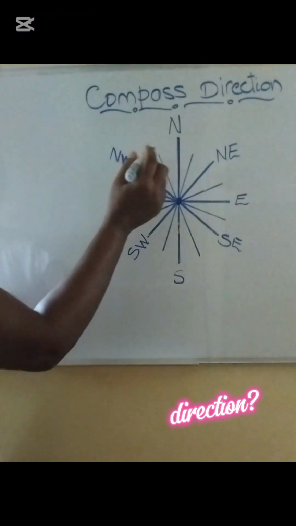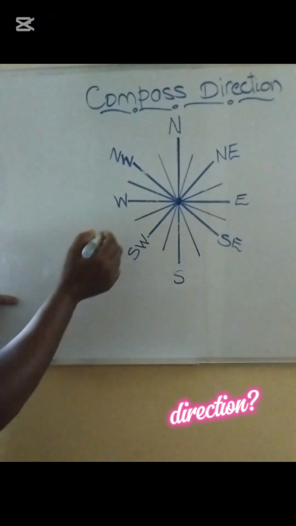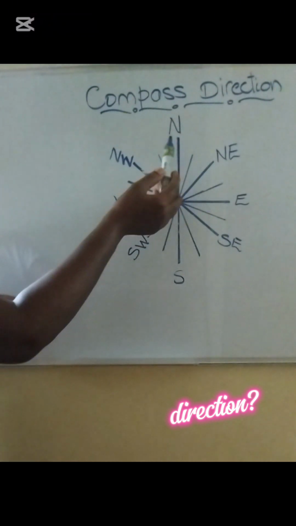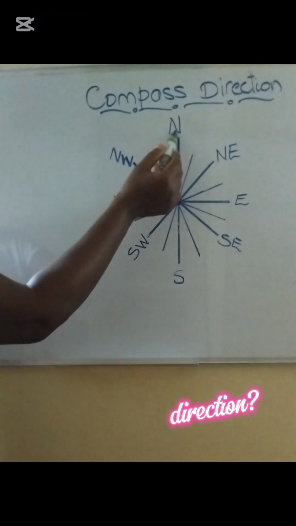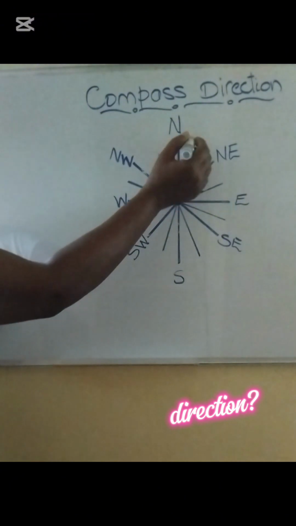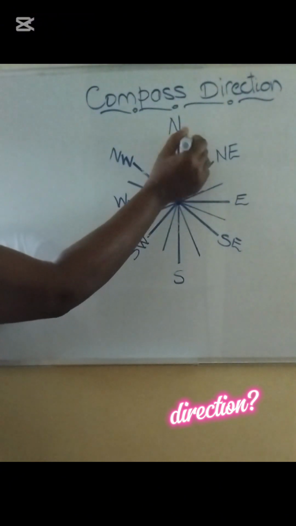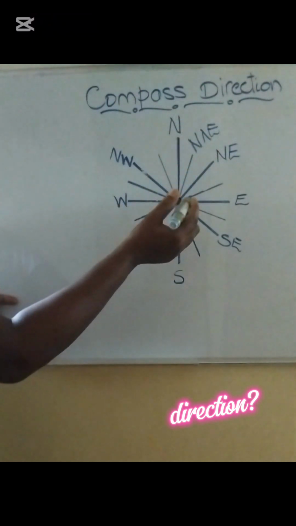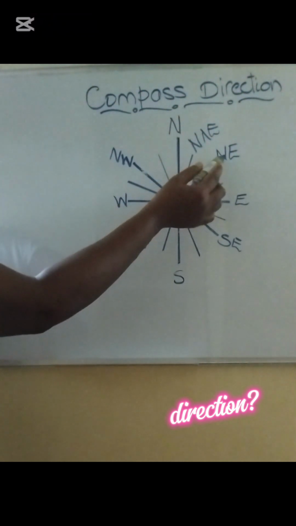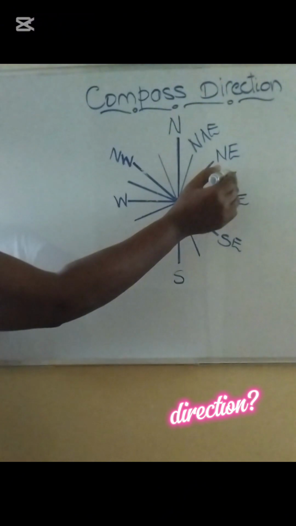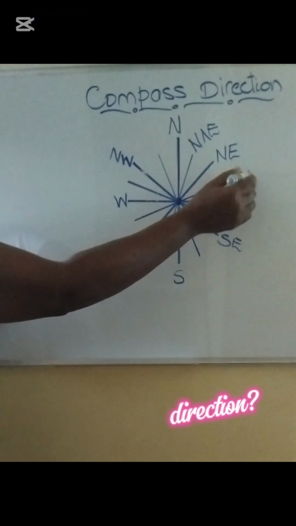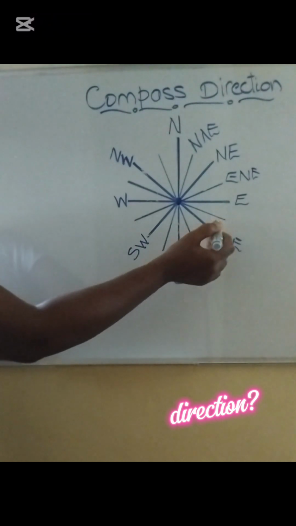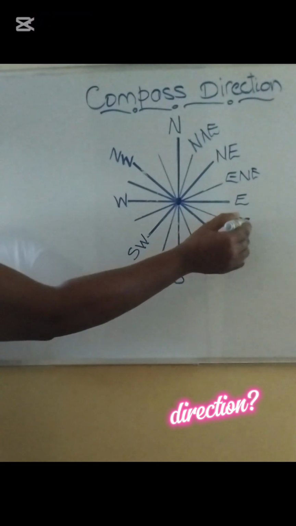And here I have the 16-point compass partially completed. So let's complete it, right? So we know that between north and northeast, that is north, northeast, and between northeast and east, that is east, northeast. East going southeast, that's east, southeast.